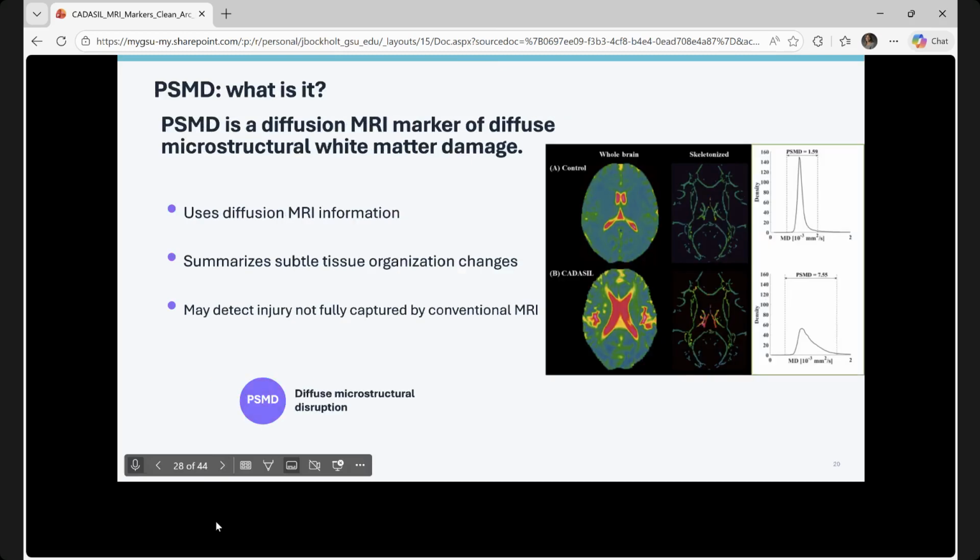Okay, next slide. So peak skeletonized mean diffusivity. This one is fun. And really what this is, is that diffusion imaging essentially tracks the ability for water to move freely through white or gray matter. And white matter, much of it is fat.